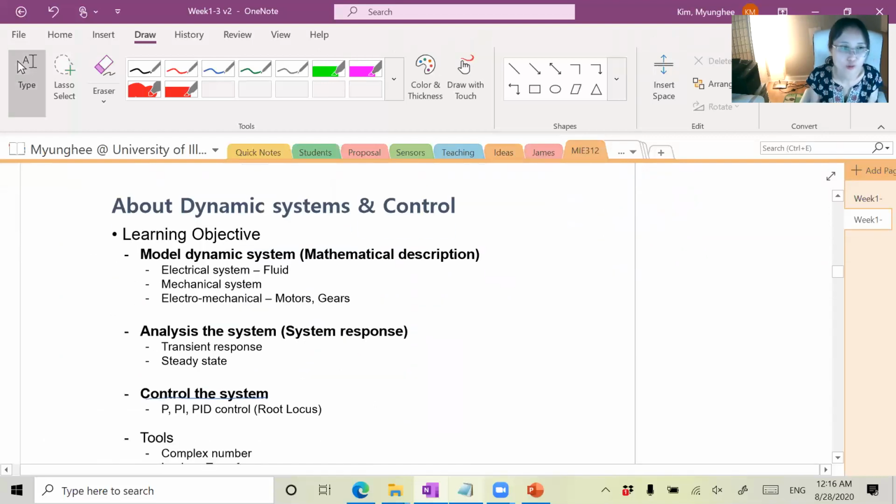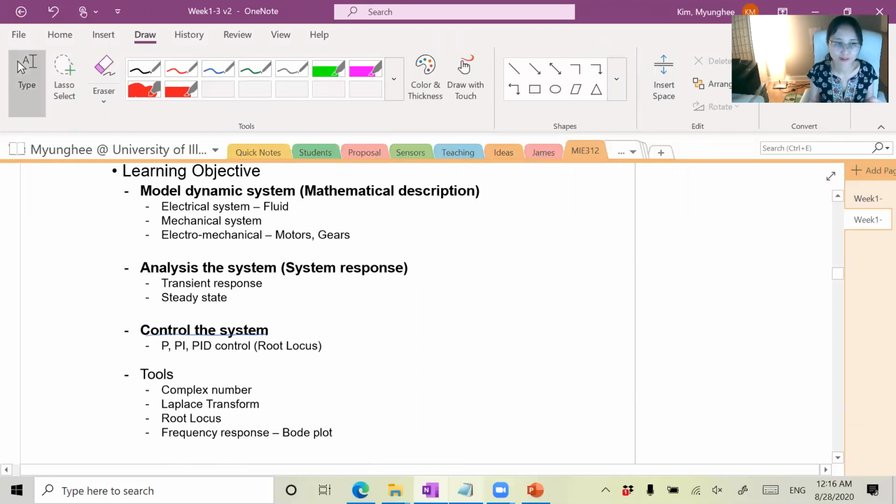So through this course, after this course, you will learn how to design a controller for a system. To do so, you will learn how to model the dynamics of the system and how to analyze the system, and eventually how to design a system controller.